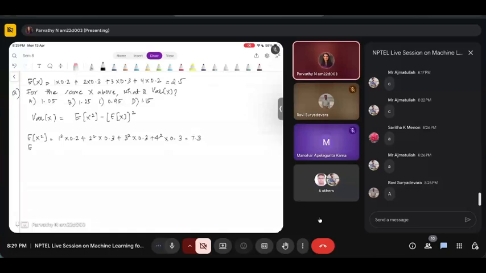Then expectation of X we already know it is 2.5. Then expectation of X the whole square will be 6.25. Then variance of X is this minus this, so 7.3 minus 6.25, 1.05.